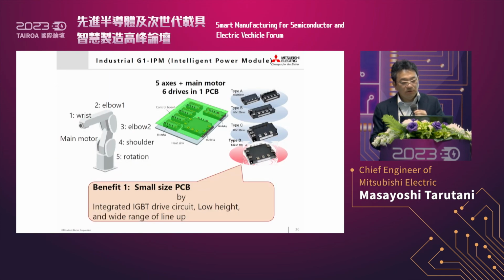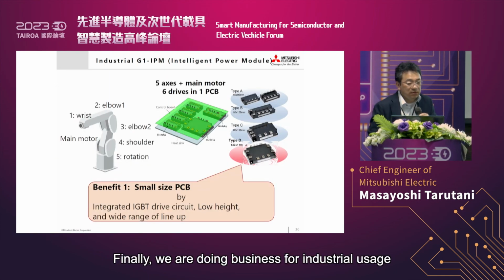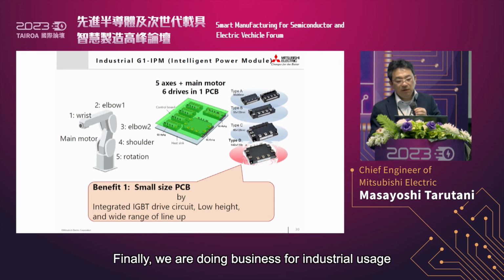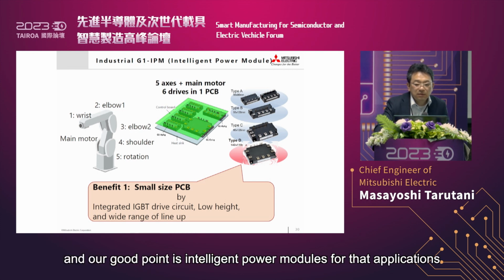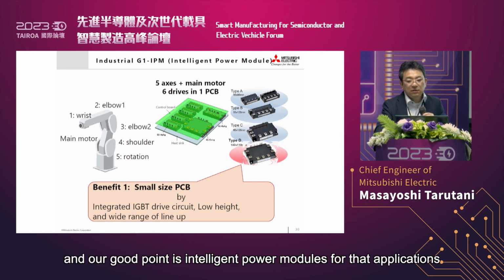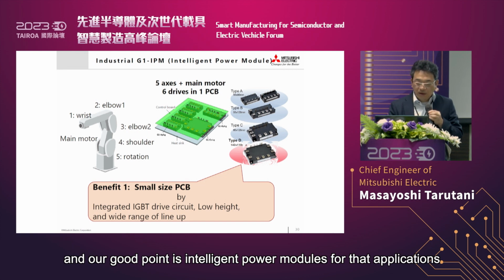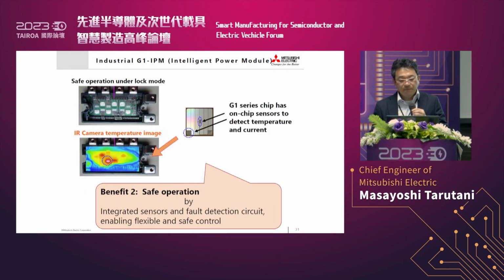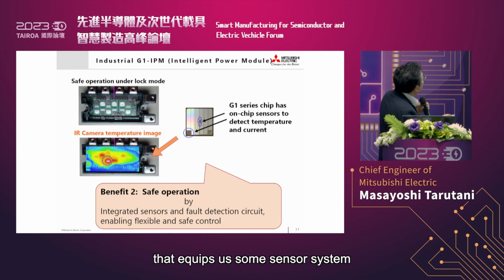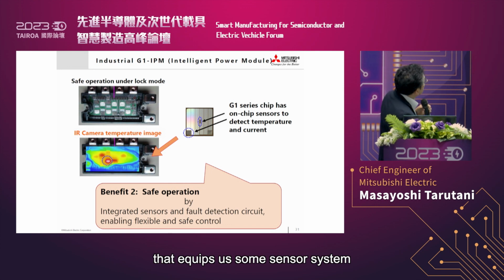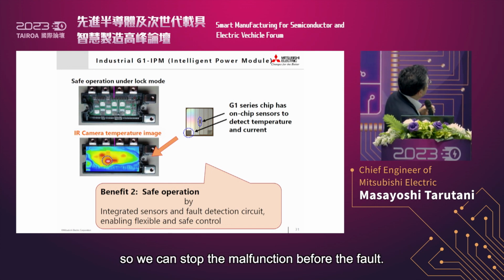Okay, so finally, we are doing business for industrial usage, and our good point is intelligent power modules for those applications. They are equipped with sensor systems, so we can stop a malfunction before the fault.